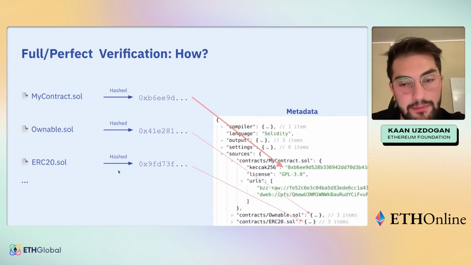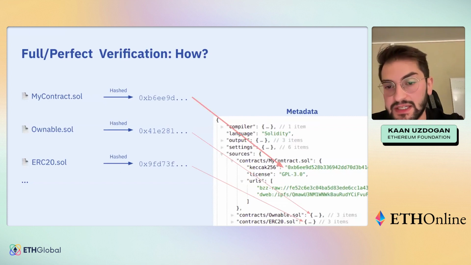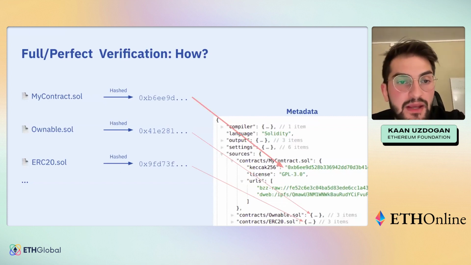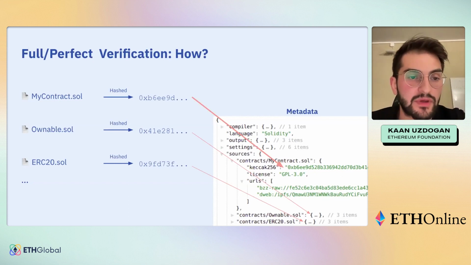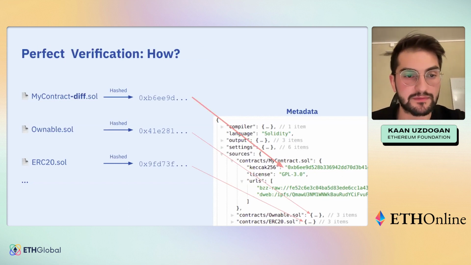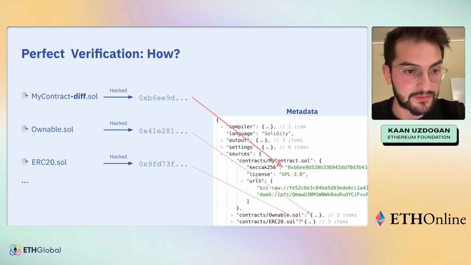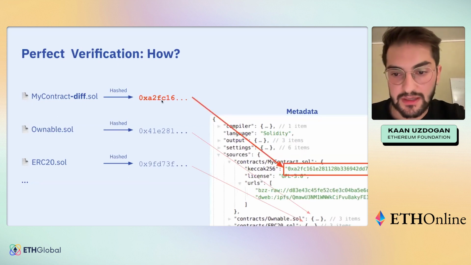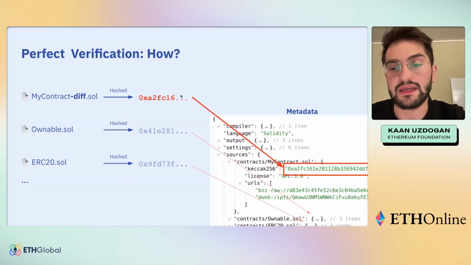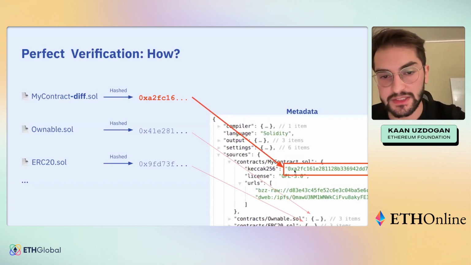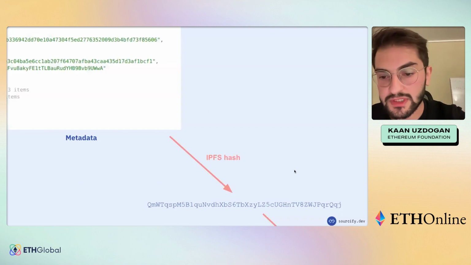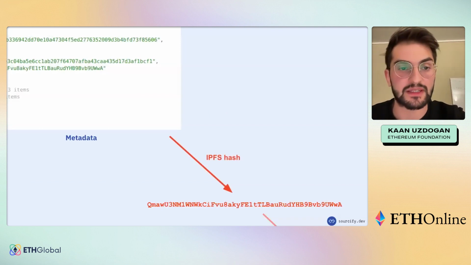Now let's see what happens when you make a change, when you add a comment, change a variable name, anything. So again, we have the source code files, but this time a different source code file with a slight difference. And that causes the source file's hash to change. Then the hash in the metadata file will change, and consequently the hash of the metadata file will change.